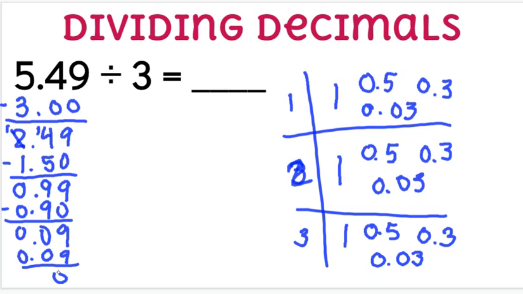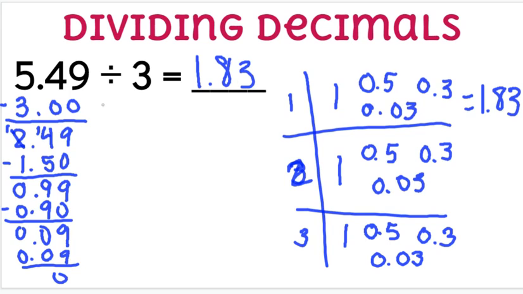And so I have nothing remaining. So now we just need to see, well, how much is in each group? So 1 plus 5/10 plus 3/10 is 1 and 8/10 plus 3 hundredths is 1 and 83 hundredths. So here we have 1 and 83 hundredths.